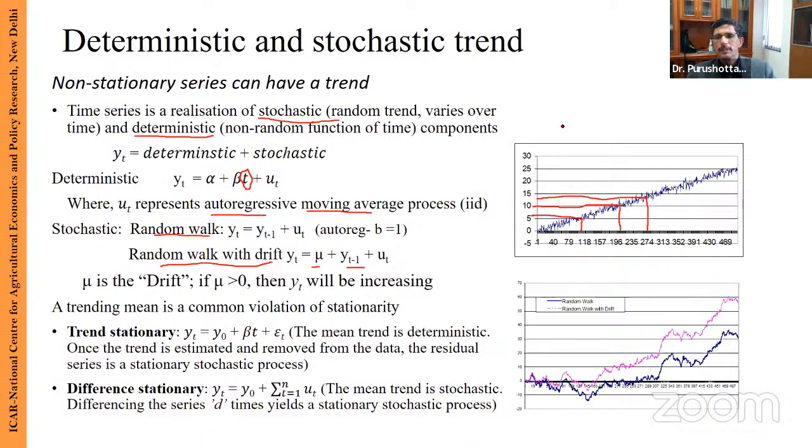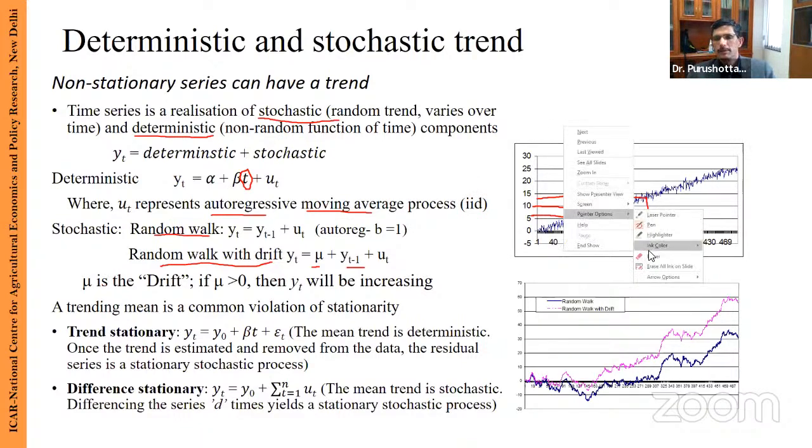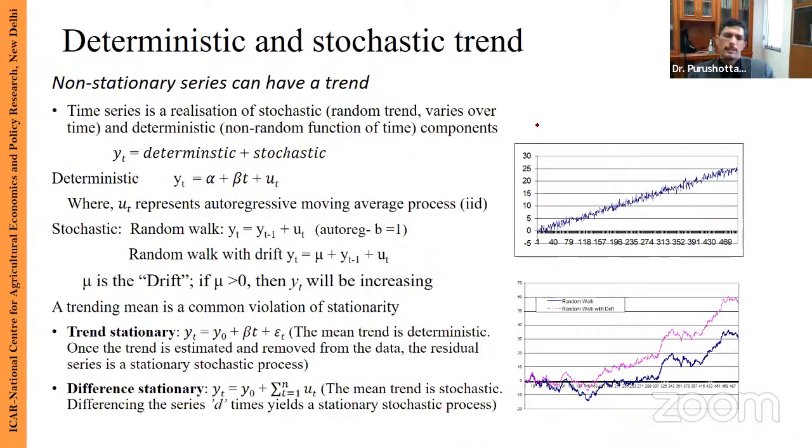To model a time series, we need to test for the stationarity of the data series. These time series variables can be made stationary through two methods: one is trend stationary and another is difference stationary.